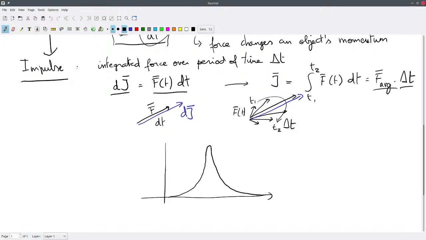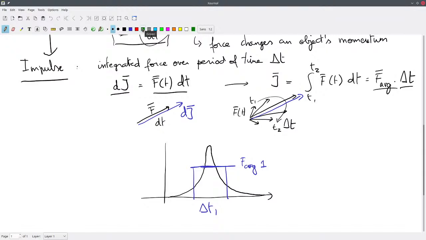So there's a couple of different ways we can take this average. We can say, well, let's say that the force on average was this strong, and it applied for this amount of time. So that's our delta t1 with our F average 1.